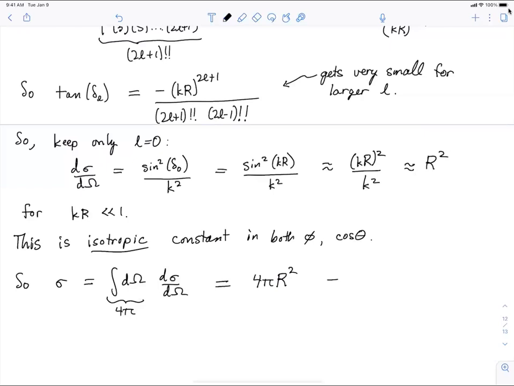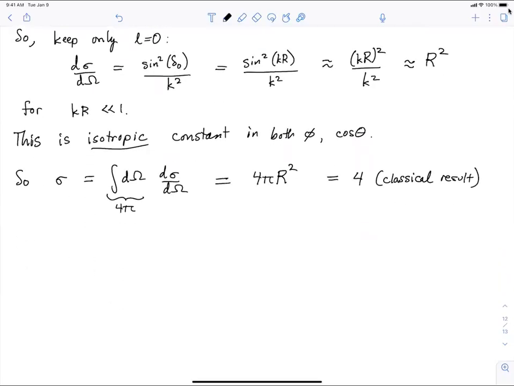And as a reminder, for the classical version of this, the answer was pi r squared. And so this is actually 4 times the classical result. Okay, so it's a big difference between classical and quantum mechanics. You get a 4 times larger cross-section.